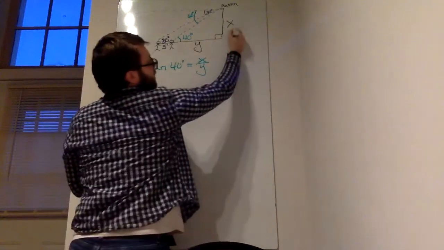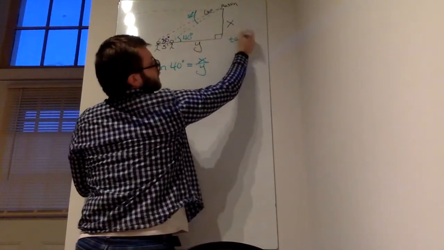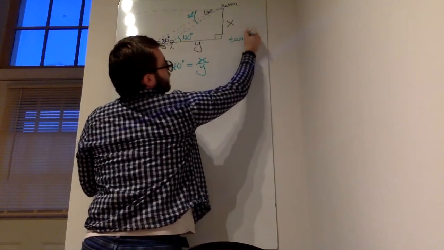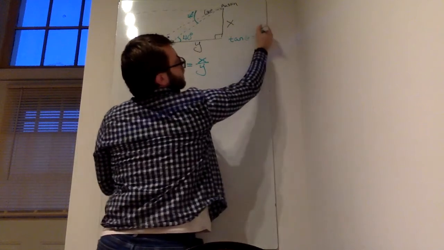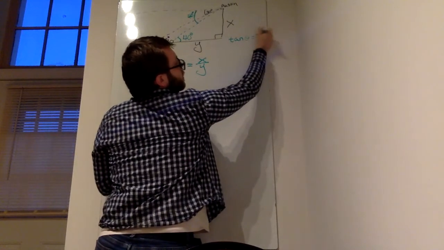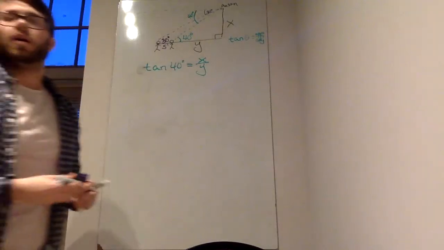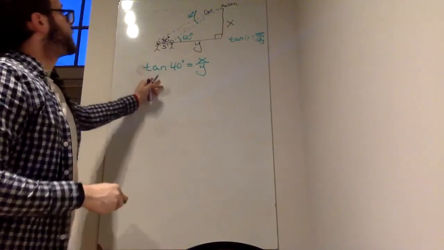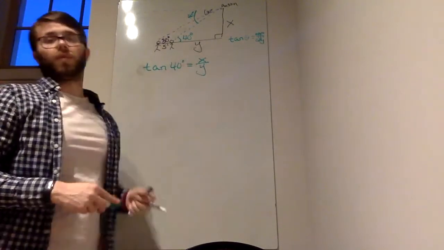As a reminder, let me just put that over here. Tangent, our angle, is opposite over adjacent. So just so we remember that. Okay, so we now have the tangent of 40 degrees is x over y.